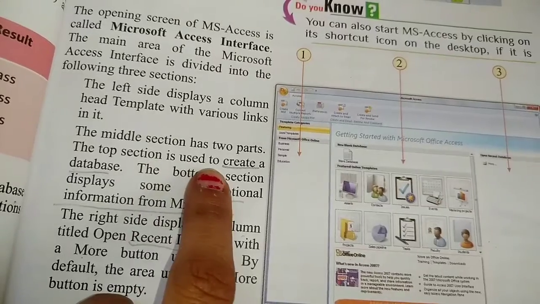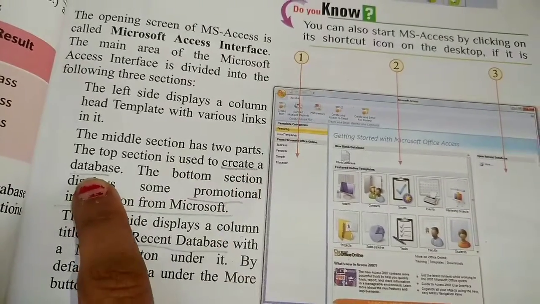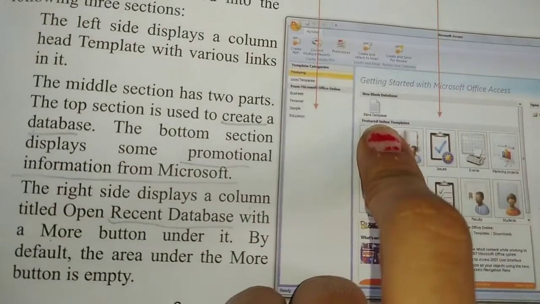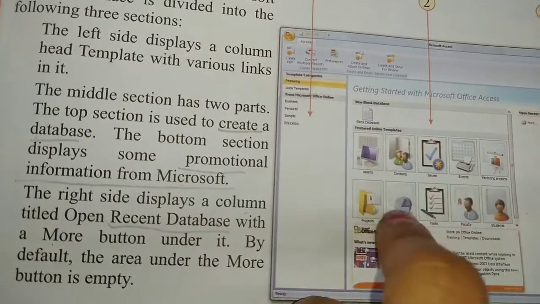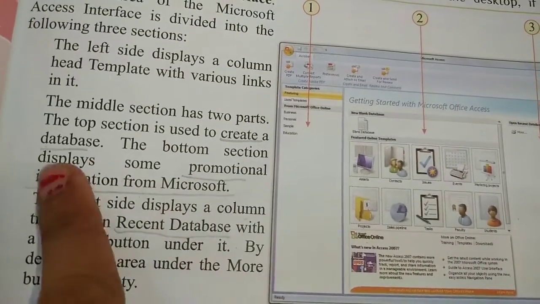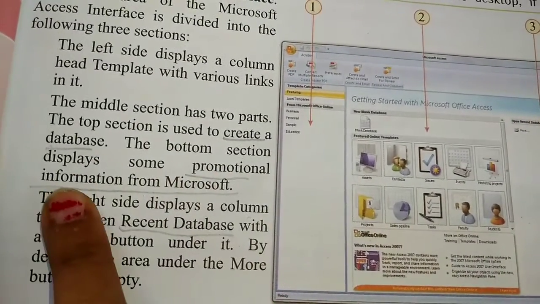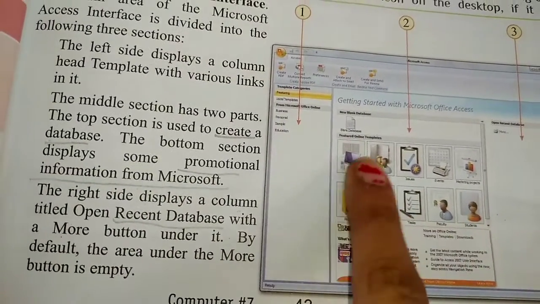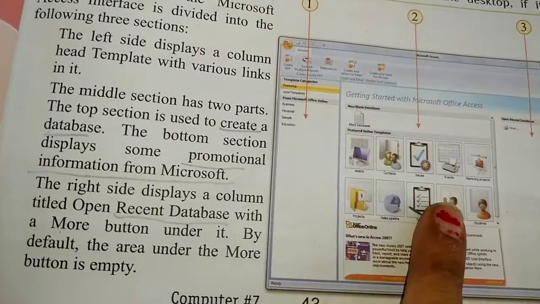The top section is used to create a database. This is a blank sheet, and when you click on it you can open a blank page. In the second portion, the bottom section displays promotional information from Microsoft. It's basic information and help about Microsoft.